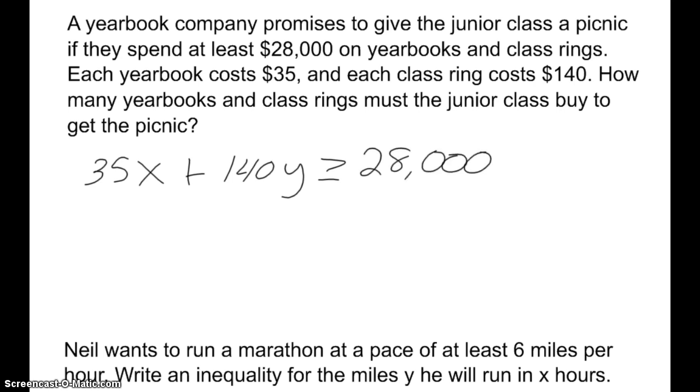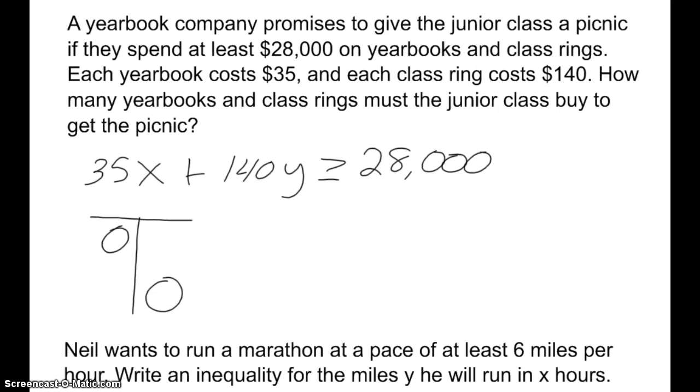28,000. Okay, so to figure out the graph, I'm already thinking ahead, we're going to want the x-intercept and the y-intercept in these problems. So if x is 0, and then when y is 0.